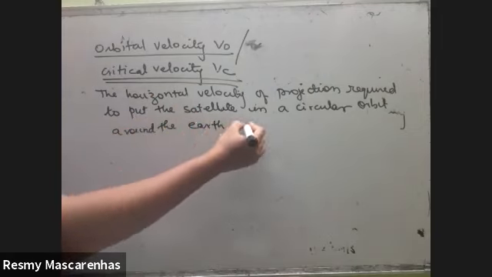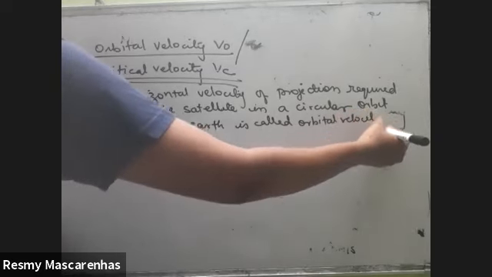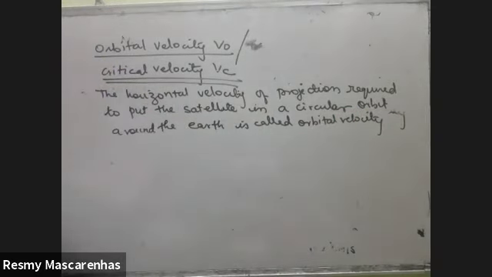It is called orbital velocity or critical velocity. So this is the definition: the horizontal velocity of the rocket or the projection required to put the satellite in the circular orbit around the Earth.